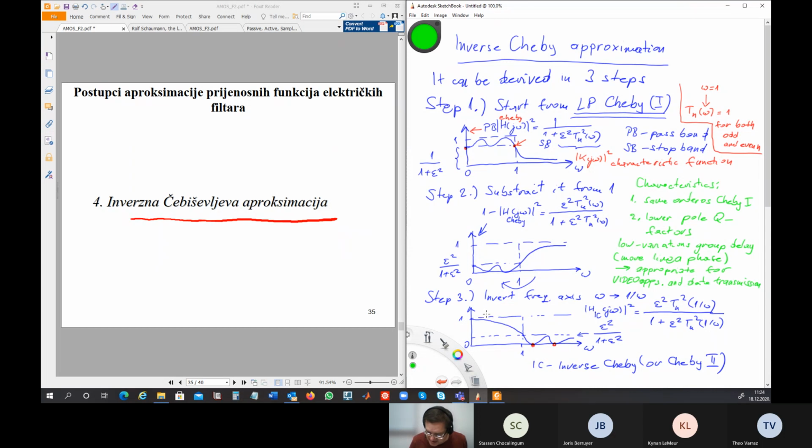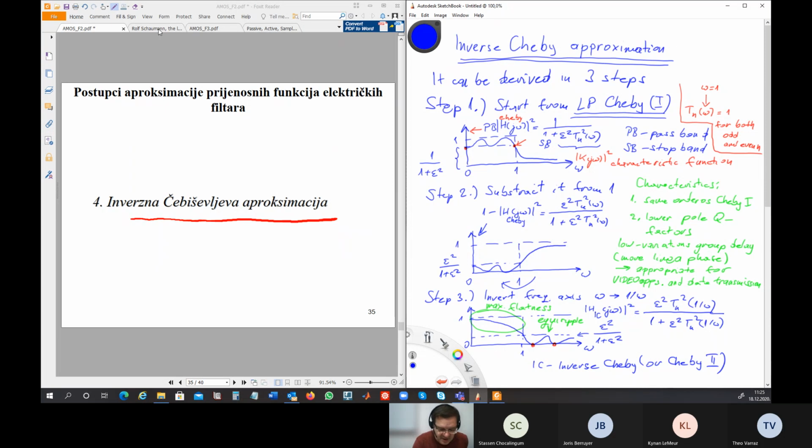And of course, it has here maximally flat, and here you have equi-ripple. So this is characteristic of inverse Chebyshev approximation. It is derived very simply from the normal Chebyshev, and it's applicable to some applications where it is needed to have some linear phase.